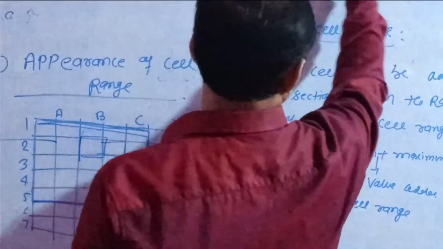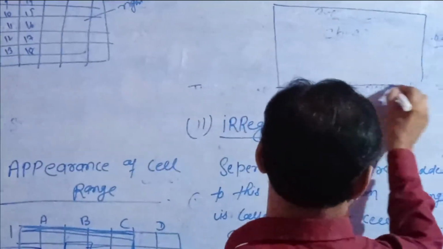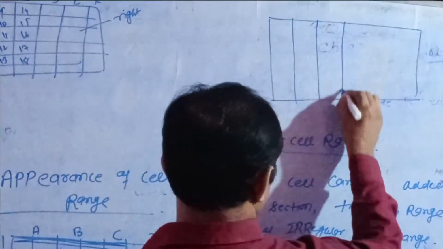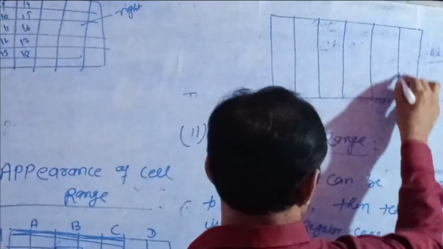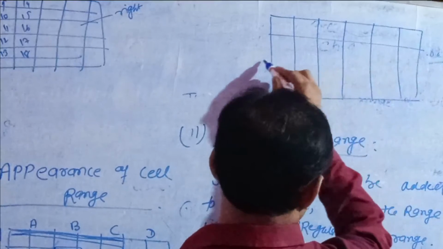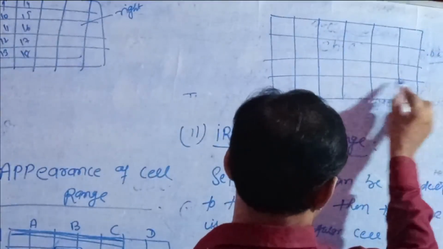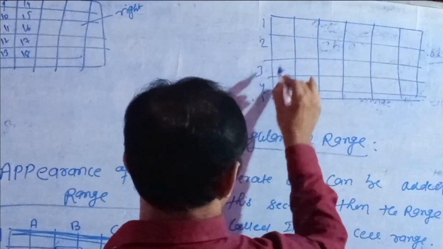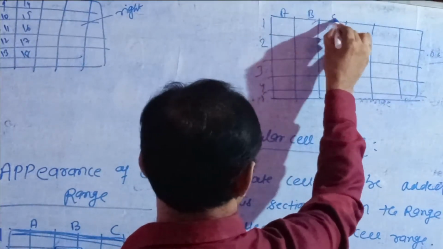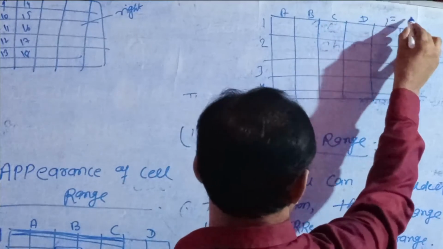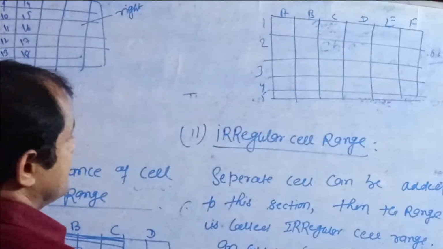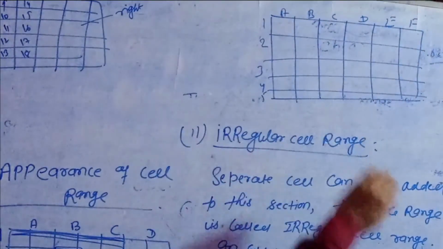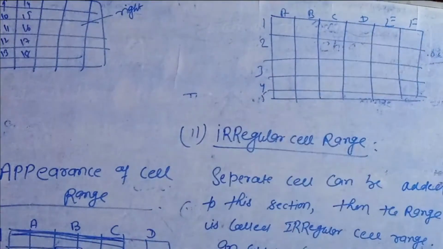This is the Excel worksheet, with rows one, two, three, four, five and columns A, B, C, D, E, F. This is the irregular cell range diagram.